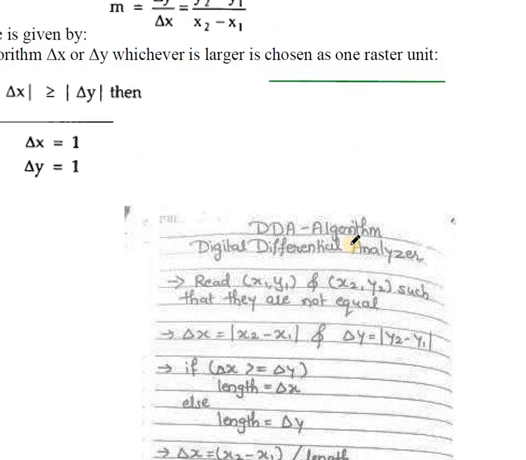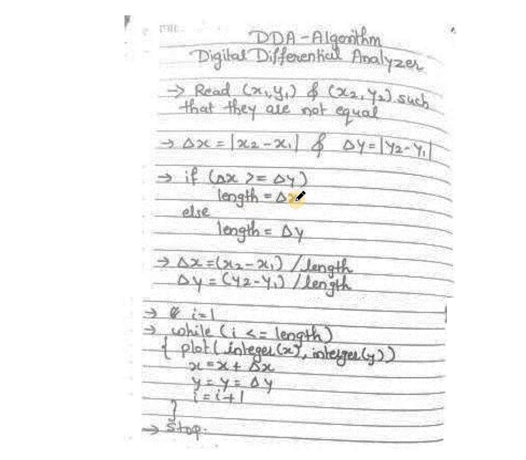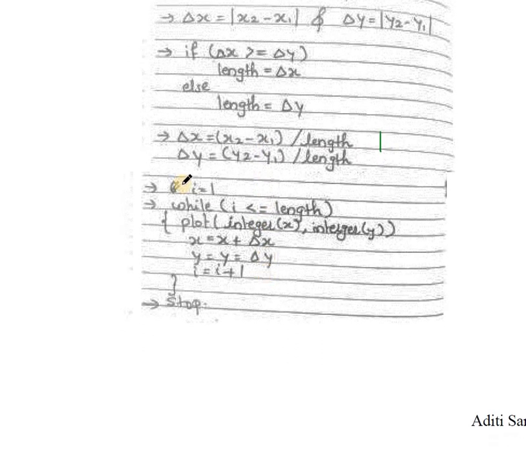How does it become one raster unit? Just imagine if length is equal to delta x, then delta x upon length will obviously become 1. Same case happens if length is equal to delta y, that new delta y becomes 1. Depending upon the case, this decision is taken.